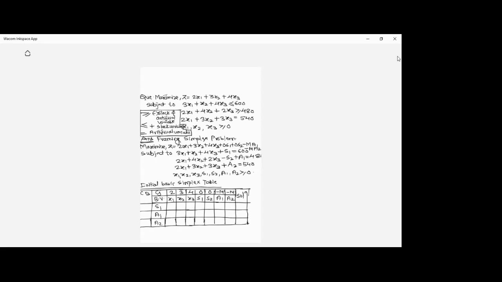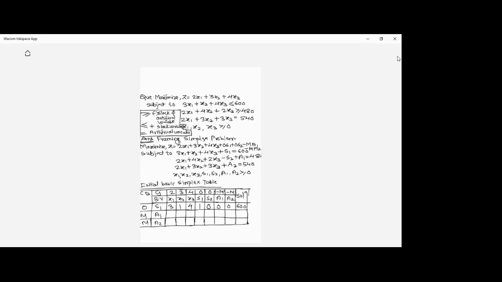So this is the table that we have as of now. The coefficients we can write: for S1 it is 0, for A1 it is minus m, and for A2 it is minus m, right? So we can start filling this in. For our first constraint, it is 3, 1, 4, 1, 0, 0, and the solution will be 600.